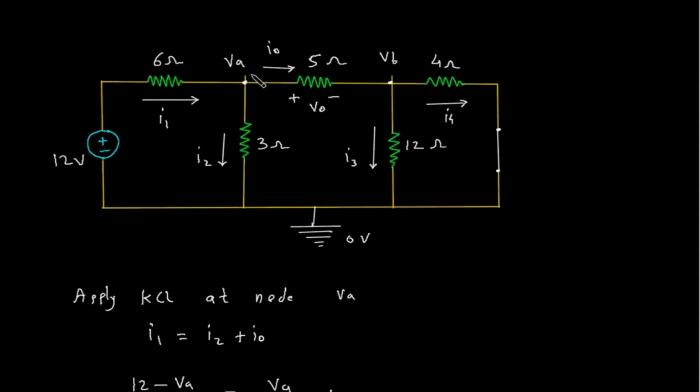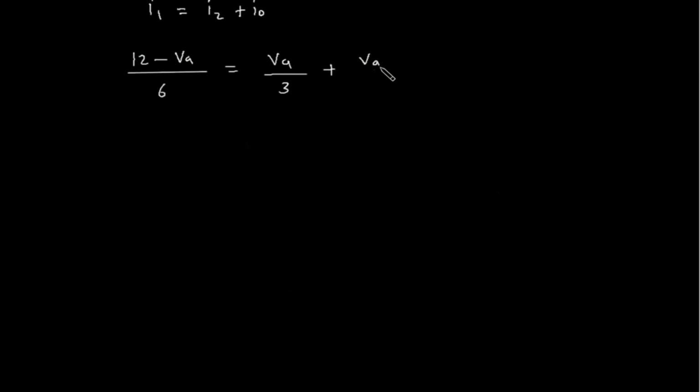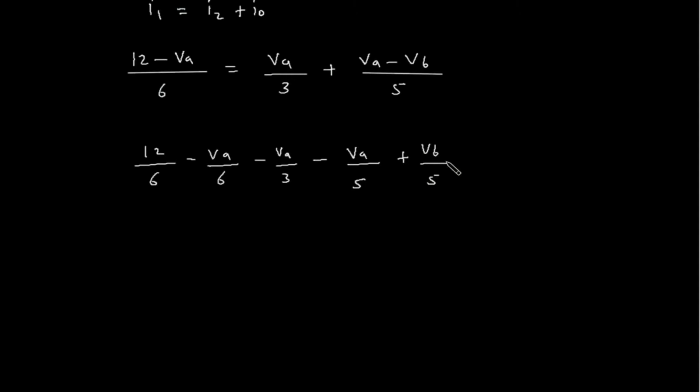Io is equal to VA minus VB by 5. So this will be 12 by 6 minus VA by 6 minus VA by 3 minus VA by 5 plus VB by 5 is equal to 0.